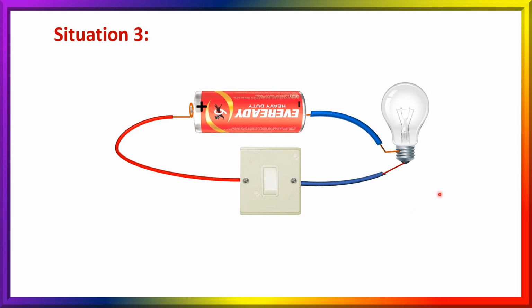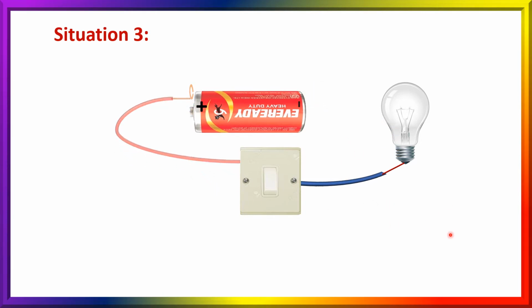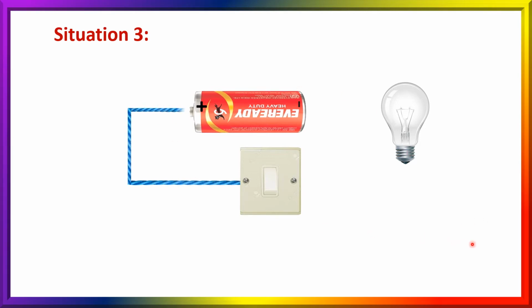See here, remove all the copper wires. Now I am going to connect all these elements by means of nylon wire like this. That means I have made a circuit with the help of nylon wire. Now I am going to switch on the circuit.